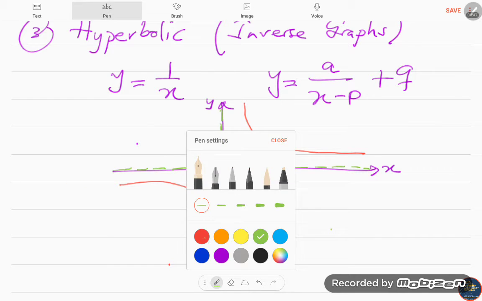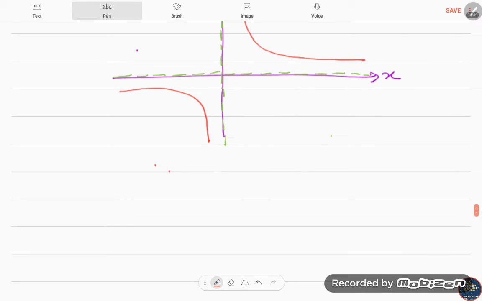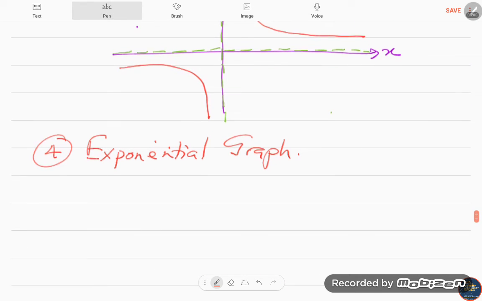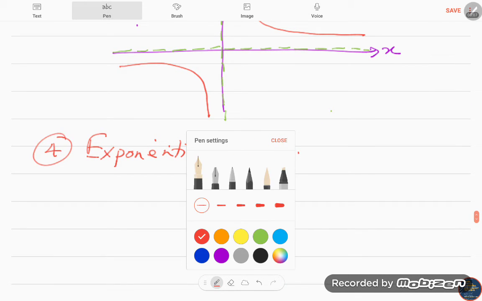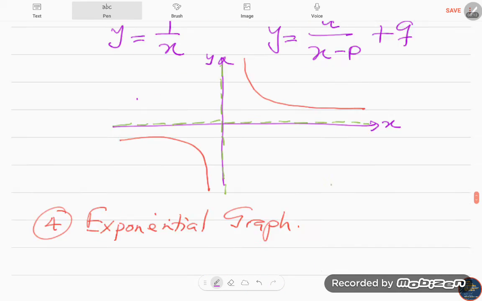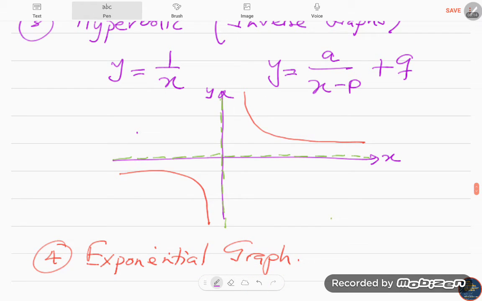Right. And then last but not least, the fourth basic graph that you need to know is going to be the exponential graph. Okay. And for this graph, it's more or less a power type of graph.